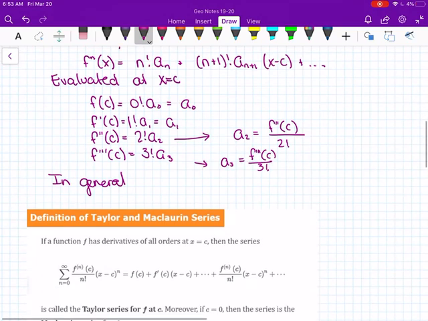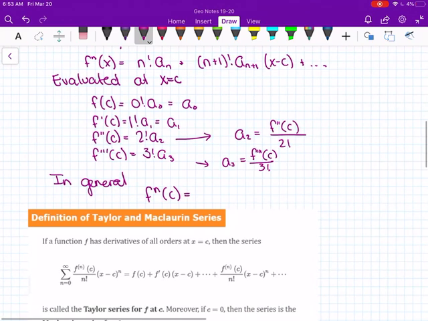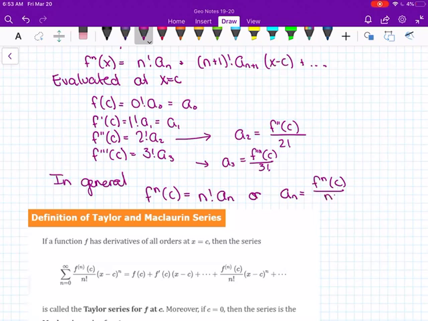So in general, we can say that the nth derivative of f at c equals n factorial times a sub n, or a sub n equals the nth derivative of f at c divided by n factorial, which was what we were supposed to prove, so QED.